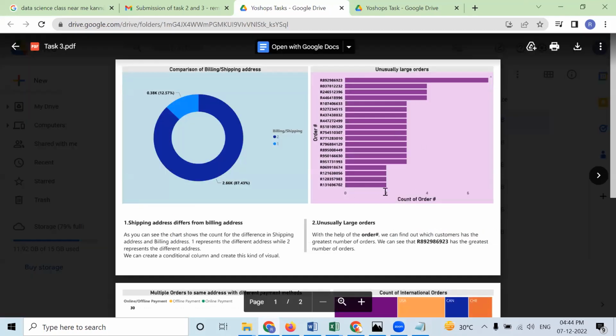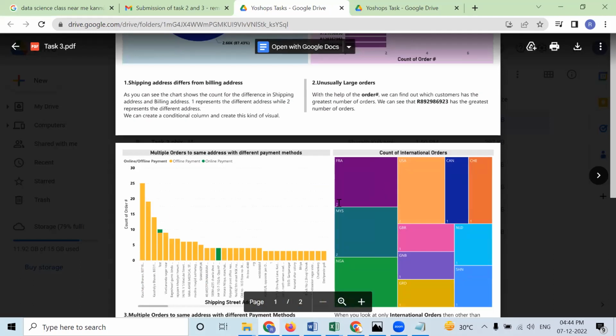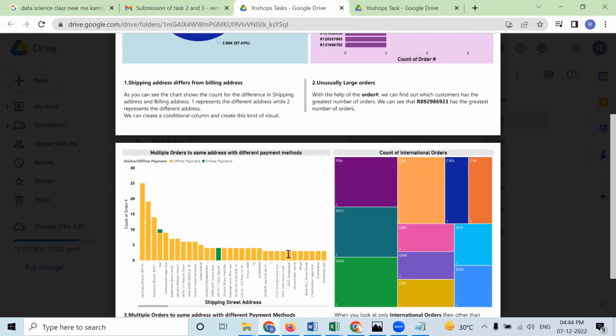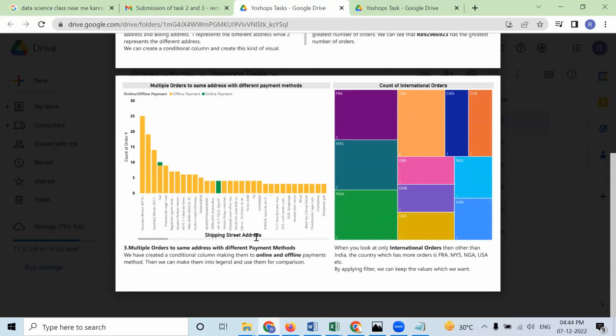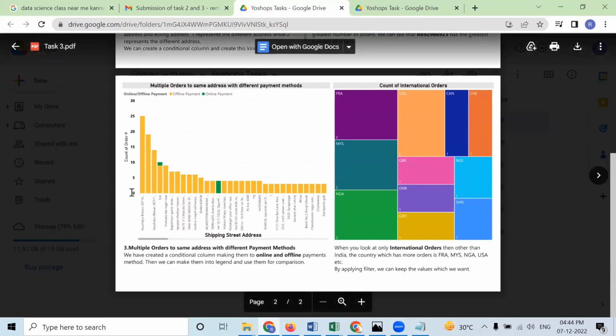The first two, right? And in case of multiple, I will come back to you. I'm reviewing this task now. For this, you have to fill the street address. Count of order is not to be taken. You have to take the payment method only. Count of order should not be taken. Okay.